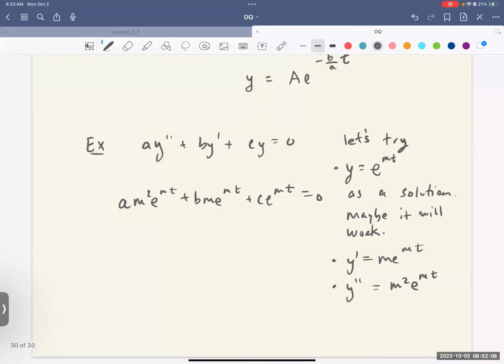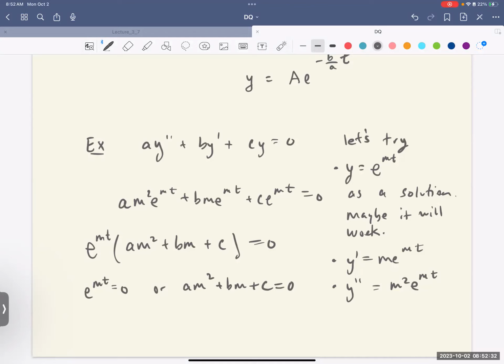Then let's factor out an e to the mt. We'd be left with am squared plus bm plus c is equal to zero. And if we're going to solve this, either e to the mt is equal to zero, or this quadratic, that polynomial, is equal to zero. This exponential never has a solution, no solution ever, because e to the mt is always bigger than zero.